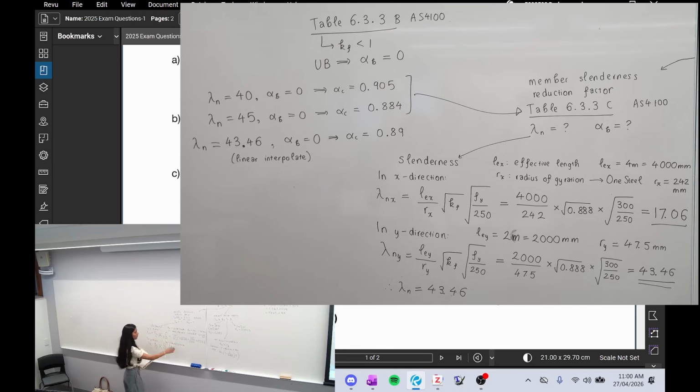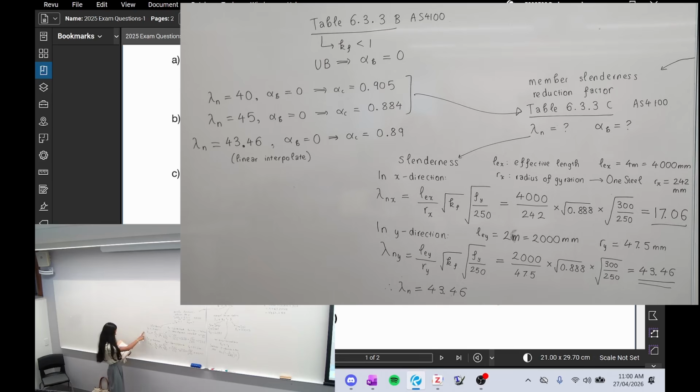And our r, we can again find from one steel, same as in the x direction. That will be 47.5 millimeters. So if you put that into the formula, it's 2,000 over 47.5, times root 0.888, times root 300 over 250. That should give you a slenderness of about 43.46. Any questions up to here?